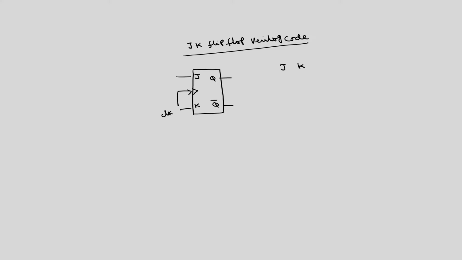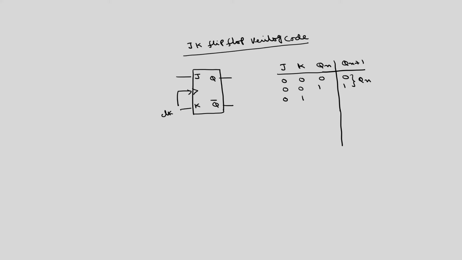J, K, Qn plus 1. If it is 0 0, whatever the previous state will be the present state.